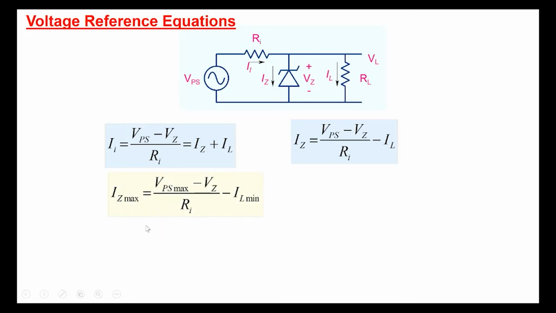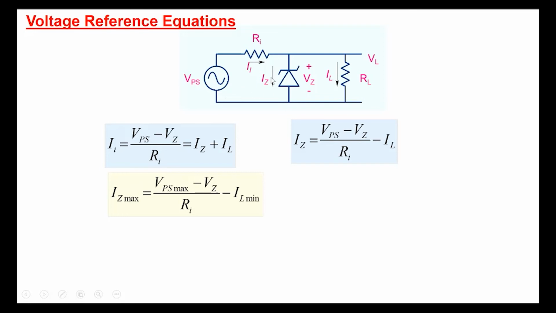So let's calculate what is IZ max here. So the maximum current that can flow through the Zener diode, given this circuit here, will be equal to, note that VPS here is shown as a sinusoid, but think of it as a DC plus an AC here. Okay, DC plus a ripple, a sinusoidal ripple here.